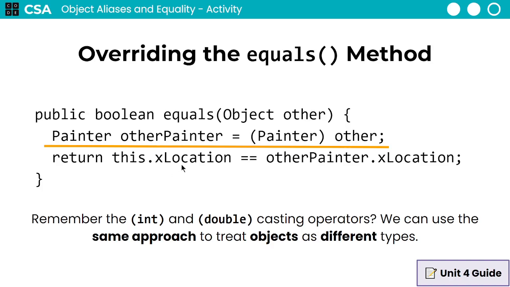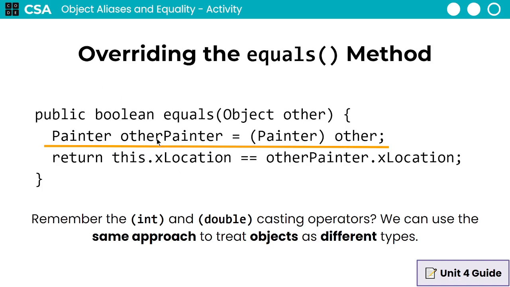We're making this temporary object again. Remember, this will all disappear once we leave this method. We make this other object, and we can check the specific object that we're working with against it.